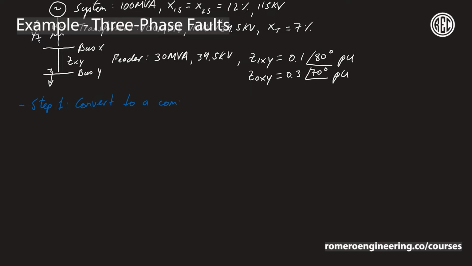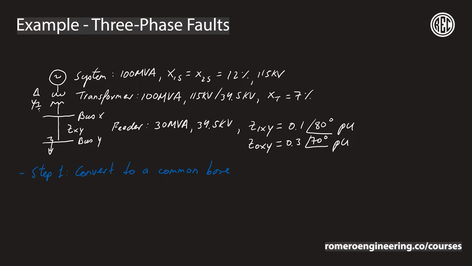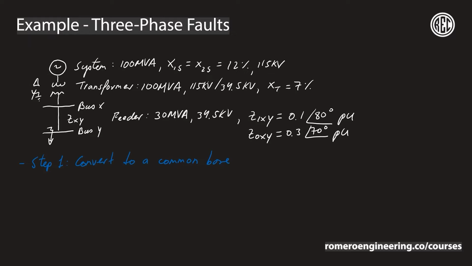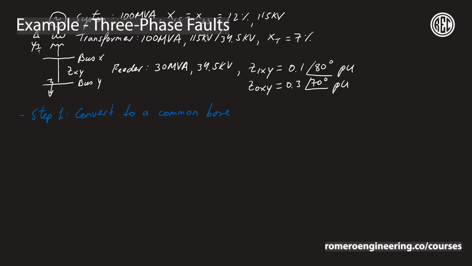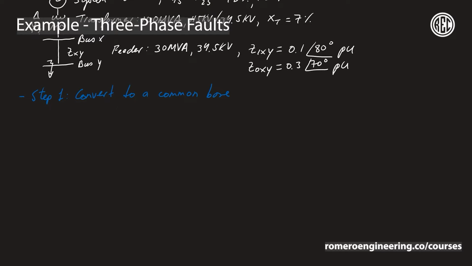Again, notice here on the top that the base power for the system and transformer are 100 MVA, and the base power for the feeder is 30 MVA. So we need to convert everything to a common base.